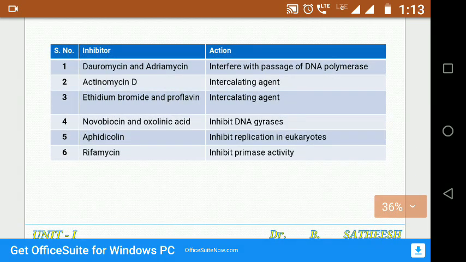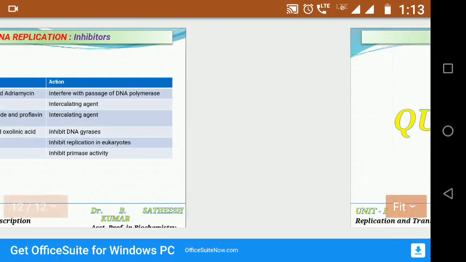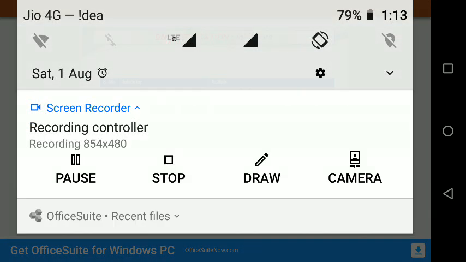Aphidicolin also inhibits replication in eukaryotes. These are the specific sites and specific actions of these inhibitors by which they prevent the replication process. So this is about the replication of E. coli cell, DNA replication in E. coli cell. Thank you.